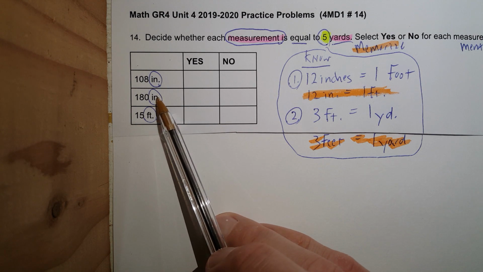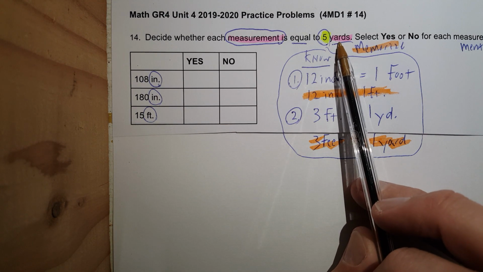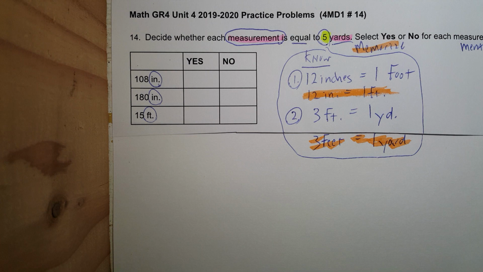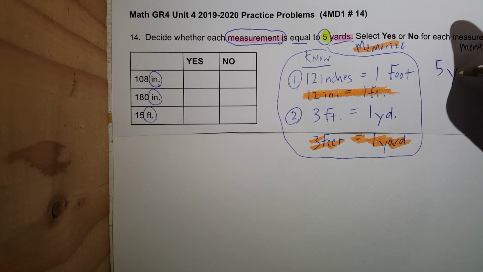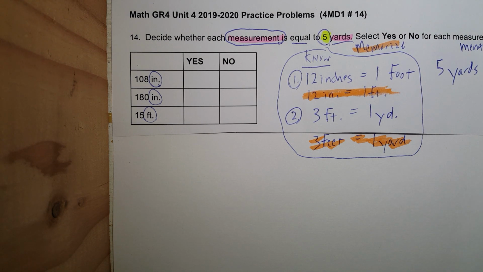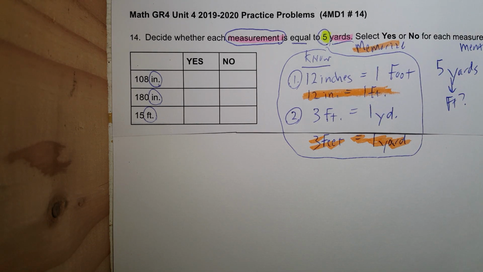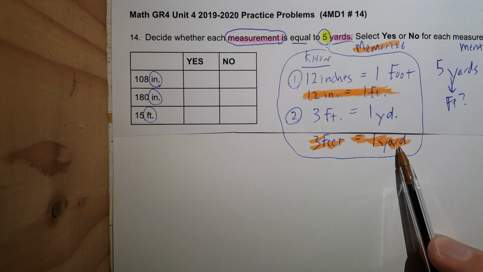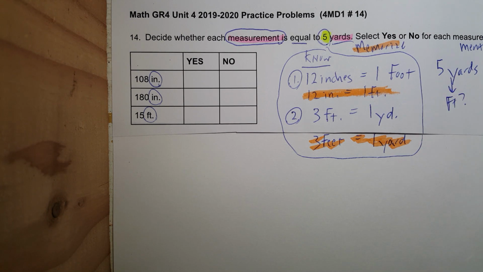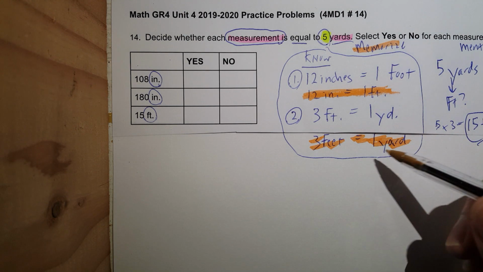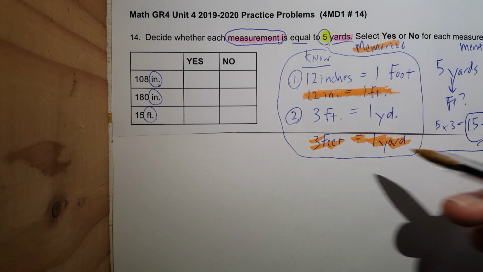We have in inches, feet. We have yards. So we will convert 5 yards. And we are going to make that into how many feet? Well, if I know 3 feet is 1 yard, 5 yards would be 5 times 3, which is 15 feet. Okay? And I'm going to take all this and put it way over here.